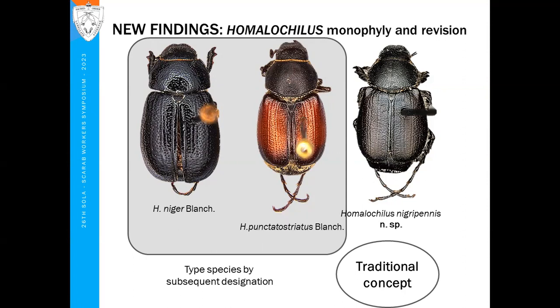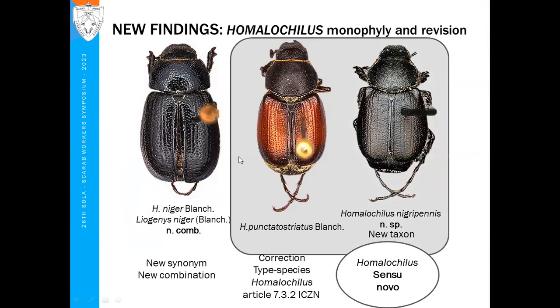So we had to correct the type species according to article 70.3.2 of the Code. And so we defined a new concept of Homalochilus to recover the monophyly of the genus.